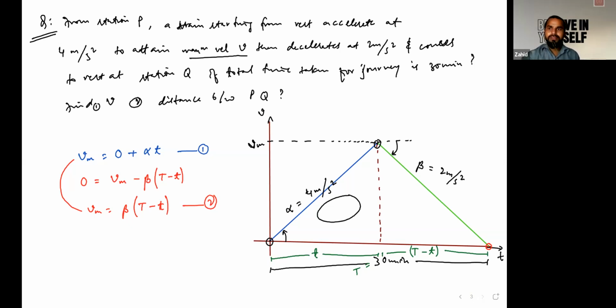Time is in minute. Just convert that time into second.